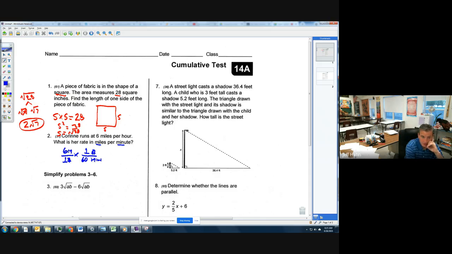And I can do some cross canceling here. 6 goes into 6 once and into 60 10 times. Here's what you end up with. Multiplying the tops together, you get 1 mile per 10 minutes. Now, we would not necessarily say it like that. You wouldn't say I go 1 mile per 10 minutes.